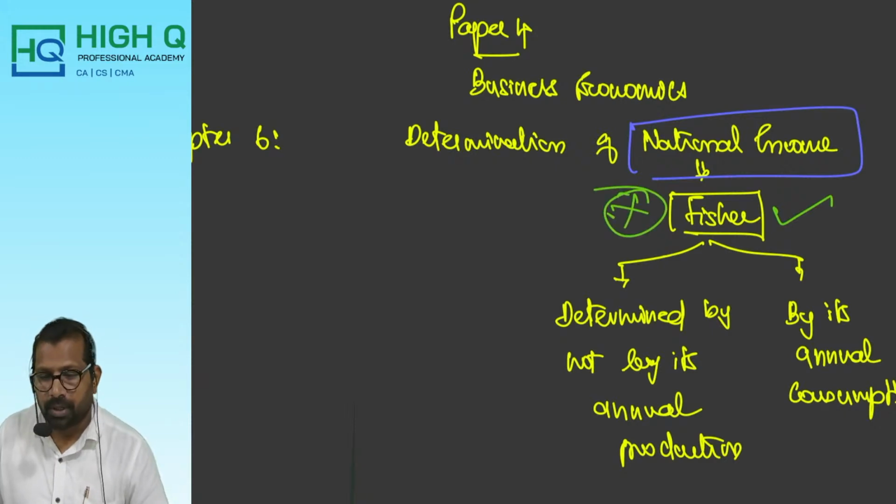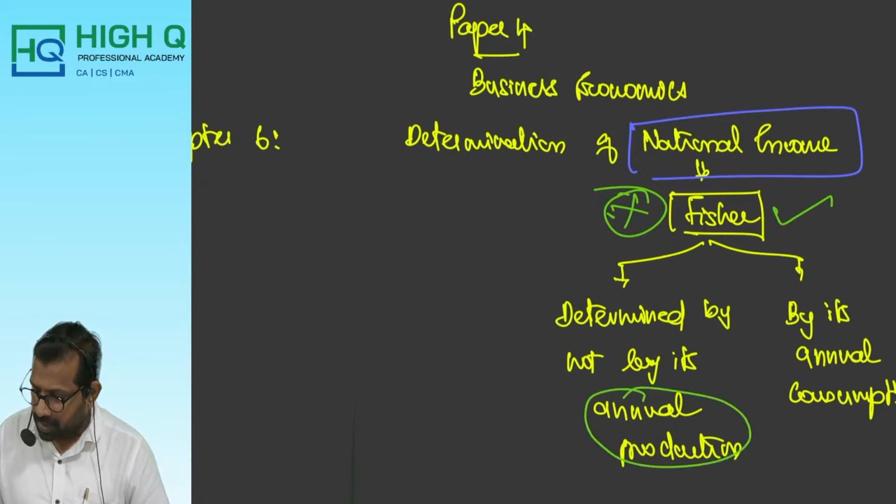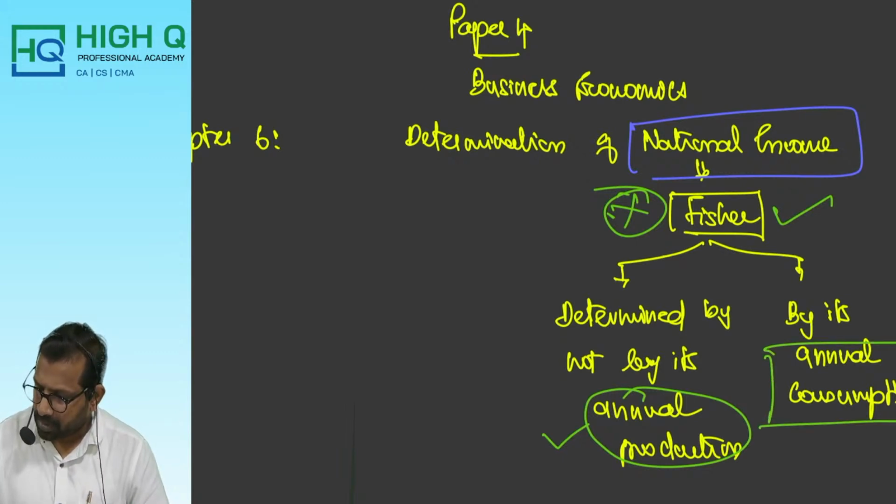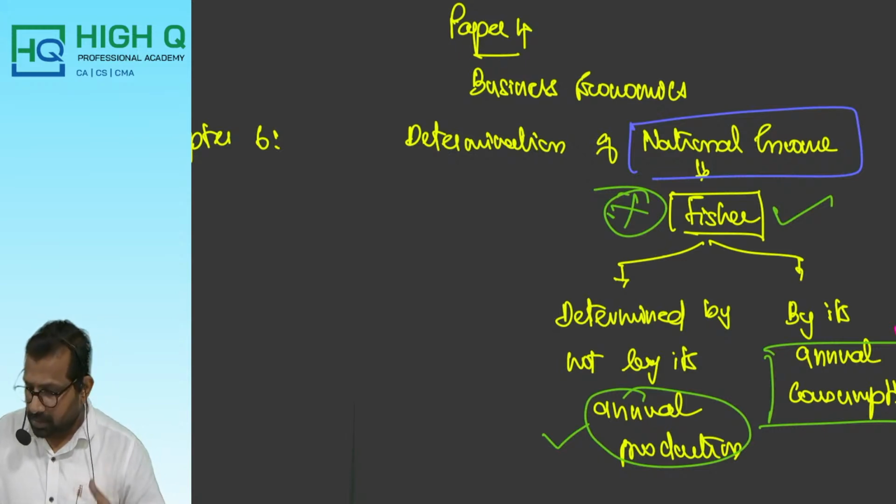Important question for your examination. He defines the most important concept about national income: determined not by its annual production but by its annual consumption. So with this, very easily you can conclude that instead of annual production, they are giving more importance to annual consumption.